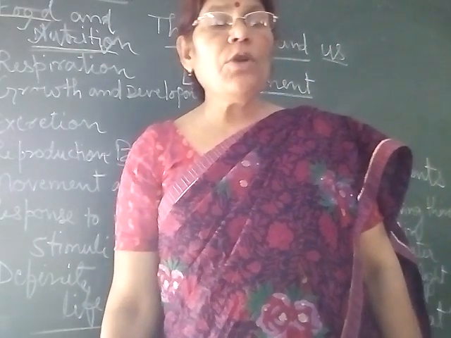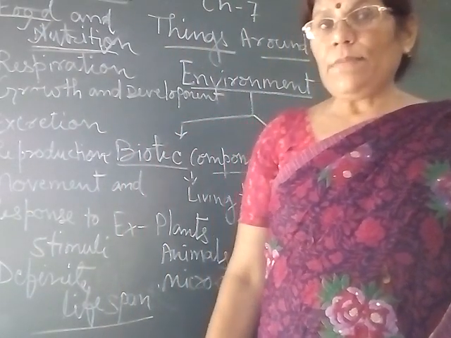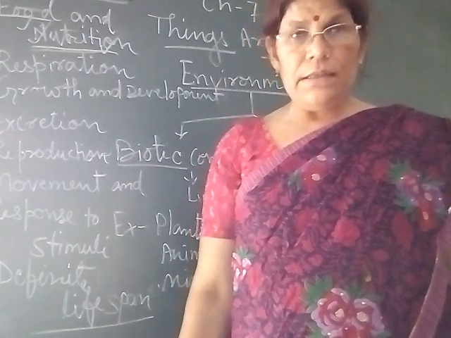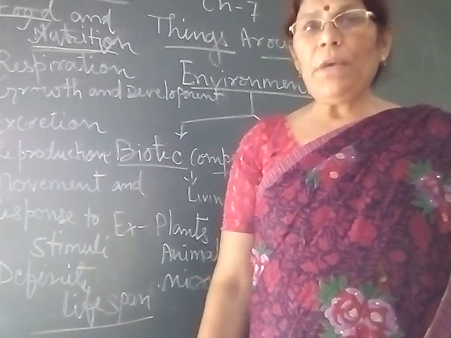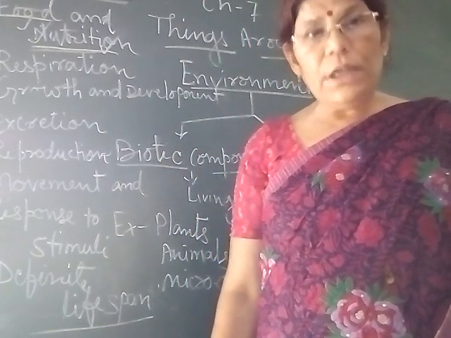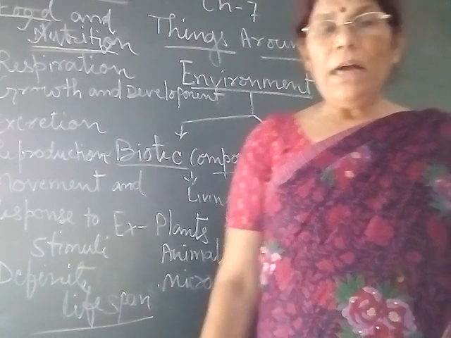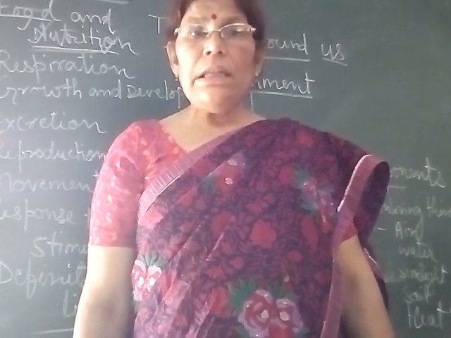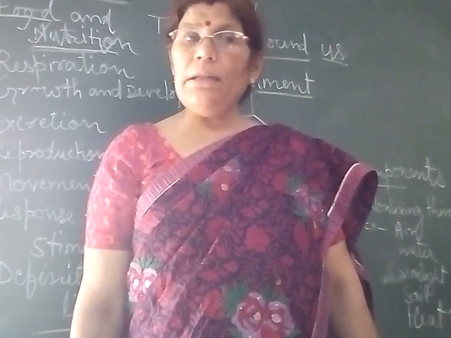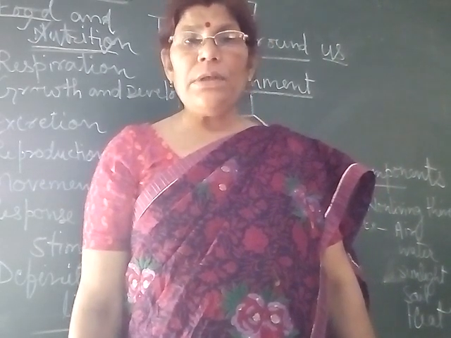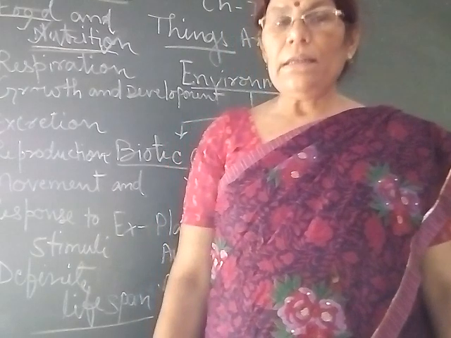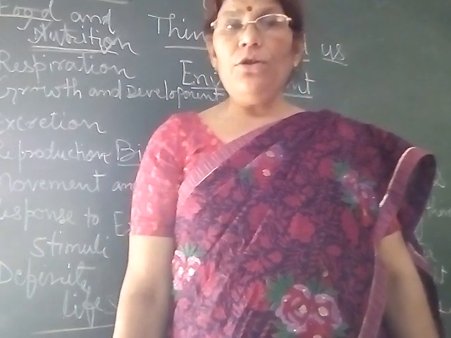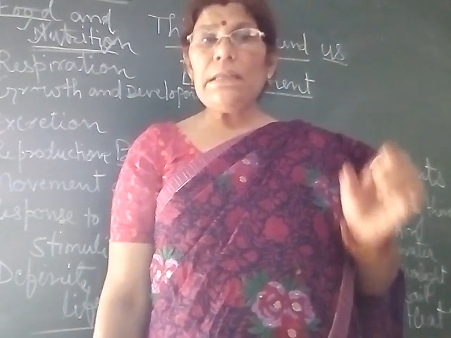This process does not take place in non-living things. Plants also need food, but plants are autotrophs because they make their food by themselves by the process of photosynthesis. Auto means self.